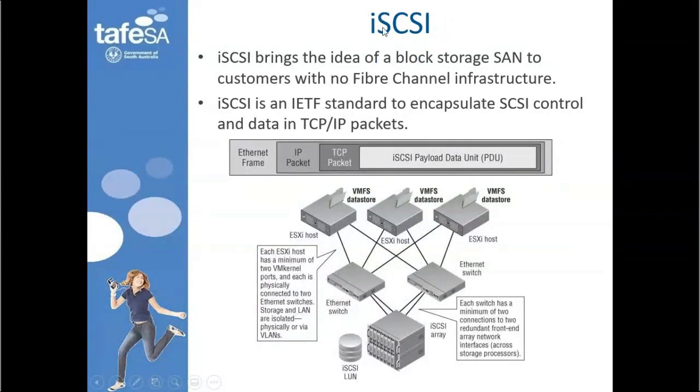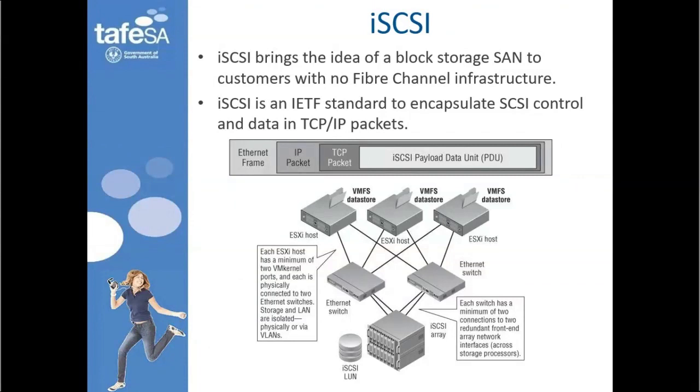What about iSCSI? The i stands for IP. We all know what SCSI is. Remember, SCSI is the normal old-day internal hard drive connection, isn't it? SCSI is Small Computer System Interface. Remember that? We have physical hard drives that we put in a computer with a SCSI connection.